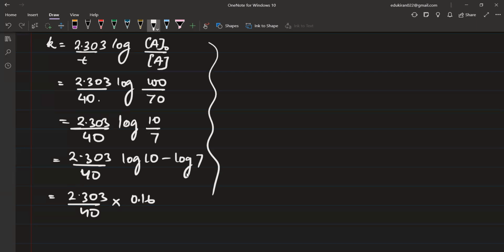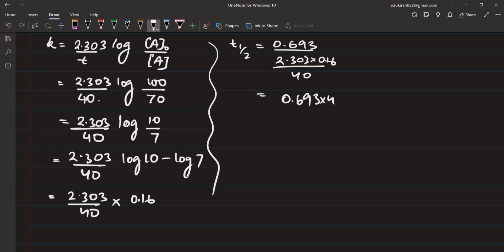Then we are going to plug in the value. T half is equal to 0.693 divided by the k. And k is what? 2.303 into 0.16 divided by 40. So 40 we can go above because denominator of denominator is numerator. 0.693 into 40 upon 2.303 into 0.16.